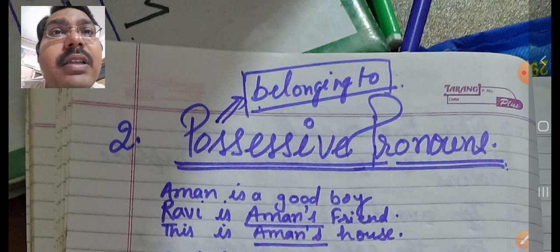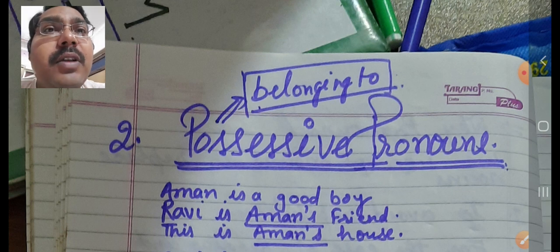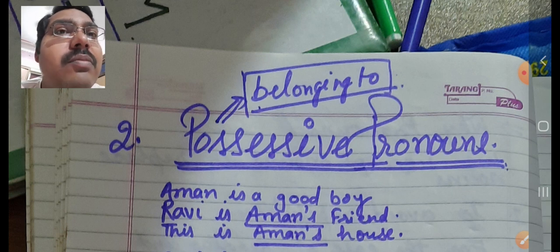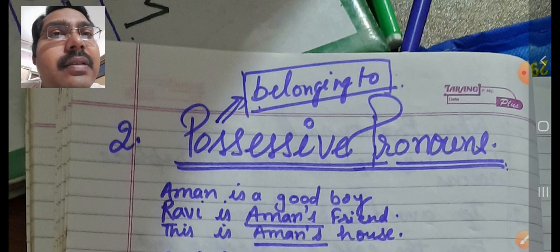Second person pronoun is you, and the object is also you. Third person pronouns have four subjects: he, she, it, and they, and their objects are him, her, it, and them.